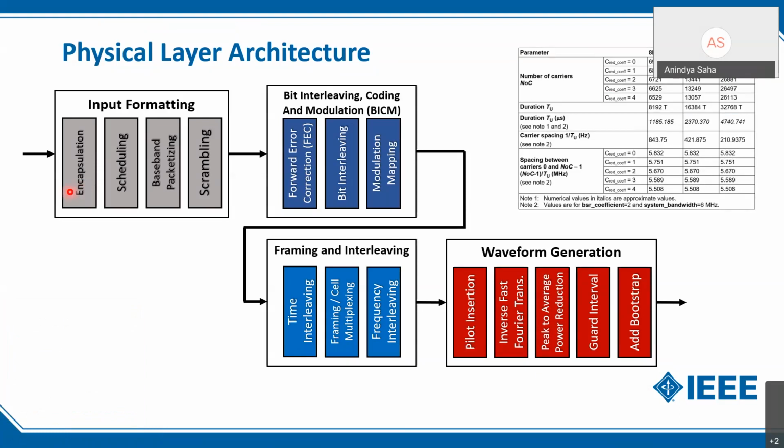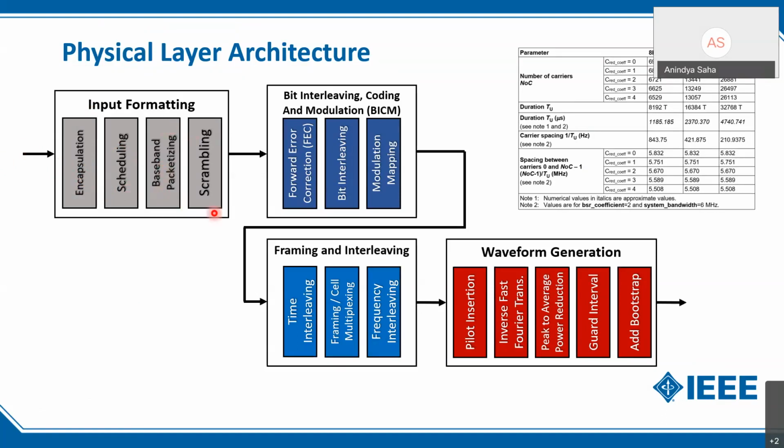So let me walk through some of the functionality of these different blocks. At the input, you have what is called the studio link from which the video is coming, and it is supposed to provide different services. So it goes to an encapsulation module, which combines multiple input streams with frames. Then there is a scheduler which puts them in the desired order, and then it is packetized.